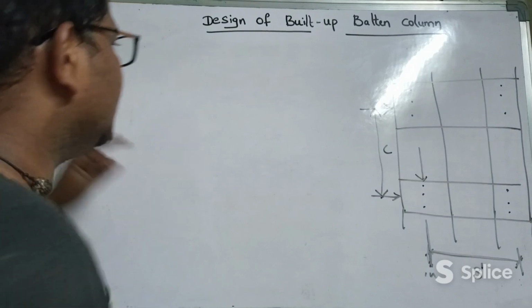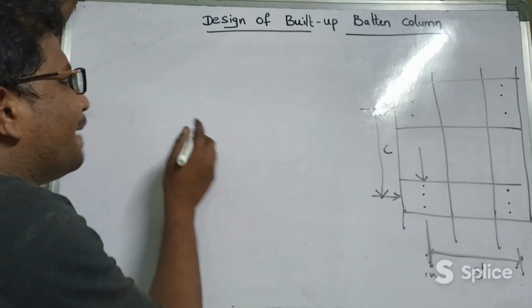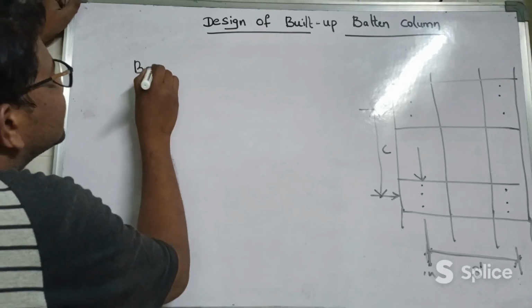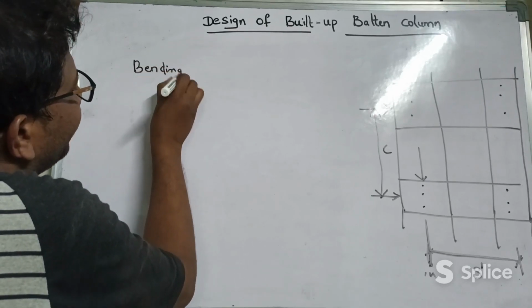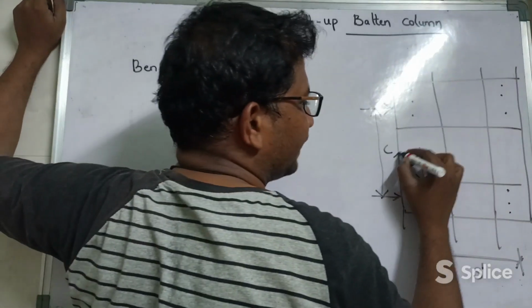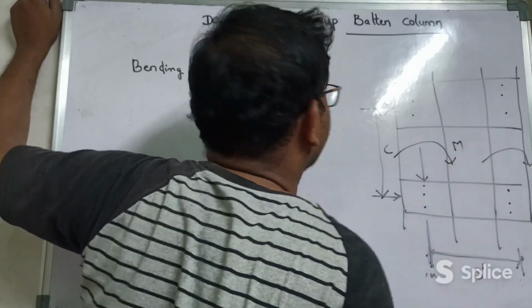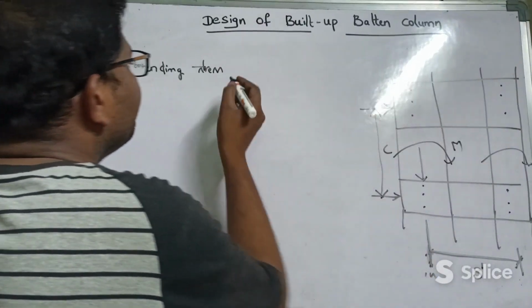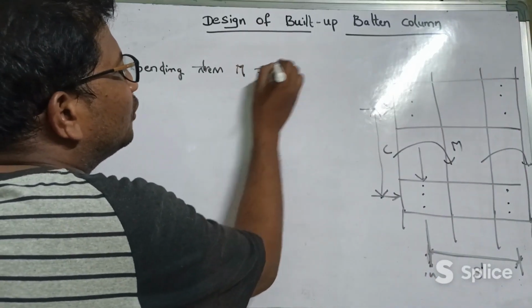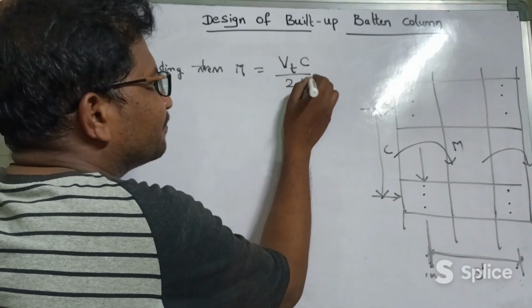Now after longitudinal shear, the third force acting on the batten is bending stress. Okay, this will act on batten like this. Bending stress, we will denote it with M. Bending stress M is equal to VtC by 2N.